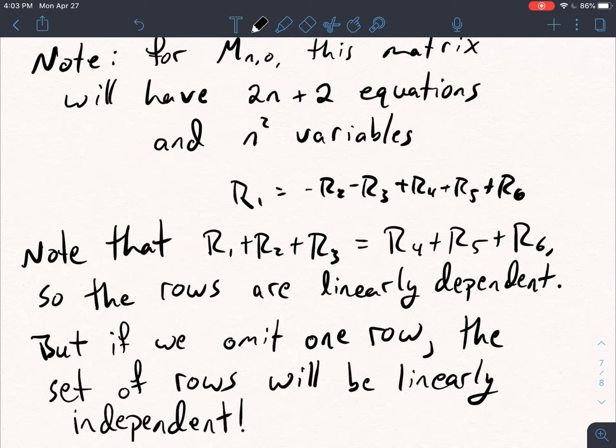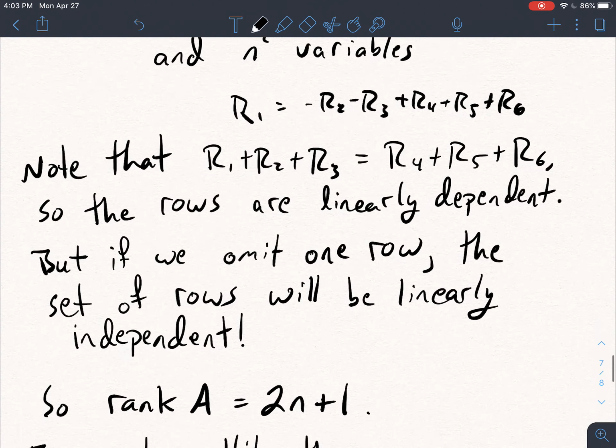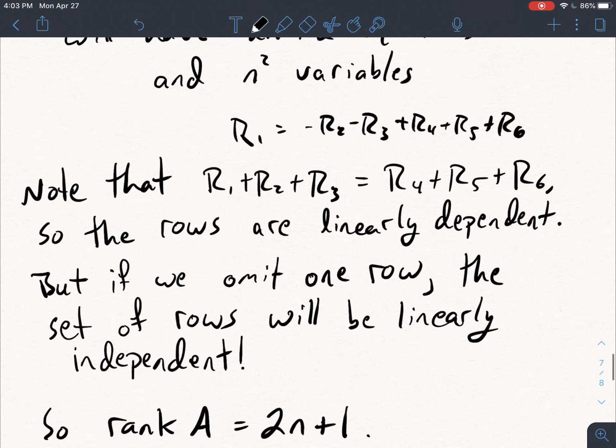This is pretty hard and time-consuming to show, and I don't think it's particularly worth it to go through the calculation for this video, but it is in the book. So if you are interested in why the rows would be linearly independent, I would strongly encourage you to read through the proof of this statement in Hefferon's book.